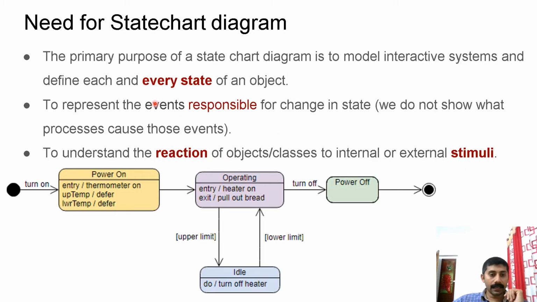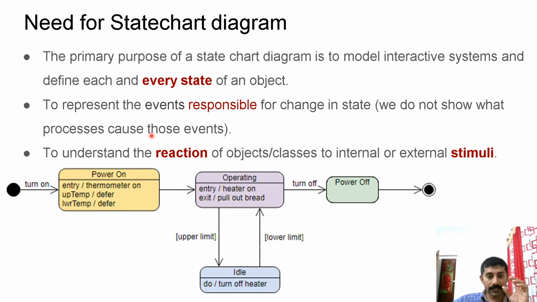Need for a state chart diagram or state machine diagram. The primary purpose of a state chart diagram is to model the interactive system and define each and every state of an object to represent the events responsible for change in the state. We do not show what process causes these events. That is not the concern in this diagram.